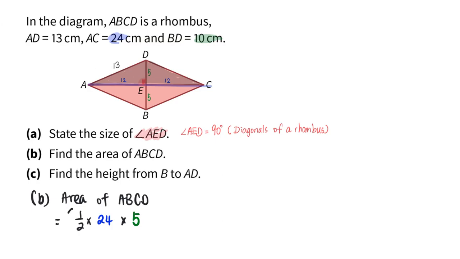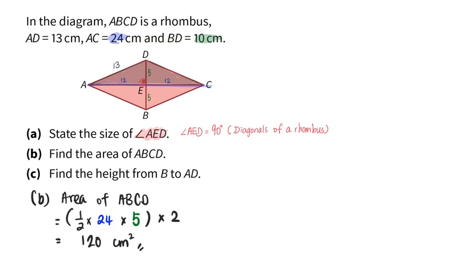And this is for one triangle. If I want to find another one that is equal, there are two of them, I multiply by 2. And this will give me a value of 120 cm squared.